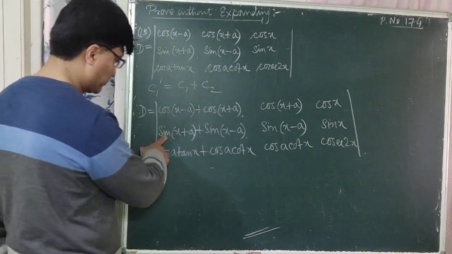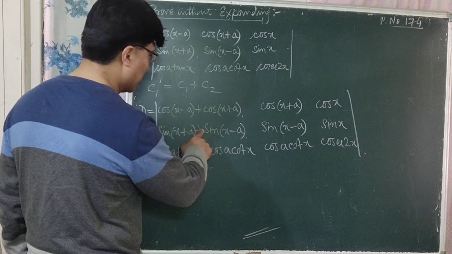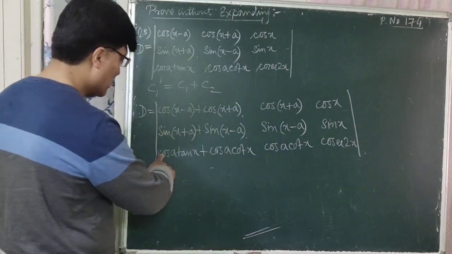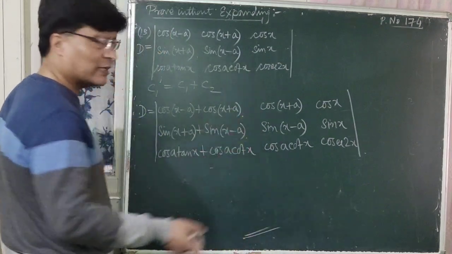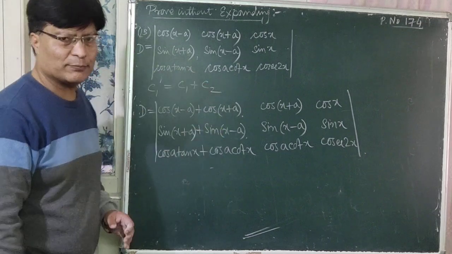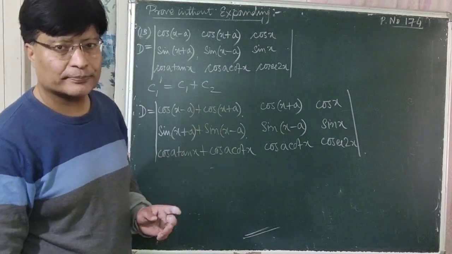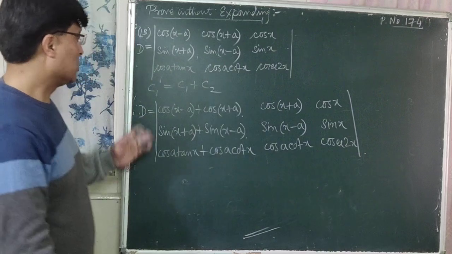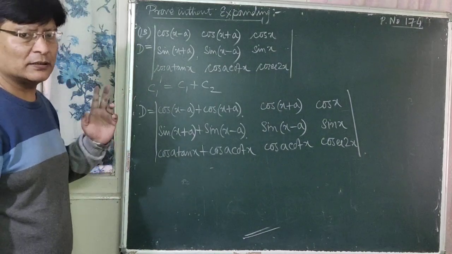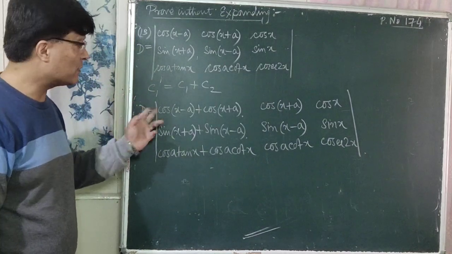Sin of x plus a plus sin of x minus a also we take out and simplify. Cos a tan x plus cos a cot x also take out. Because if we don't, this determinant becomes complicated. Did you understand? So let us simplify the first element of the first column, right?